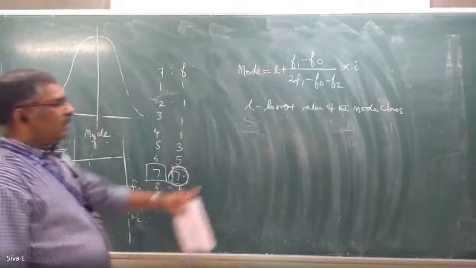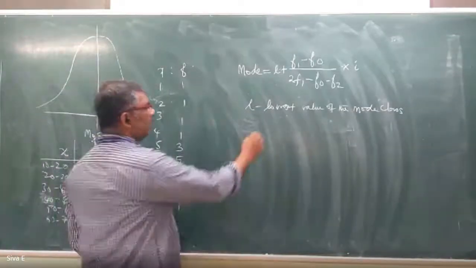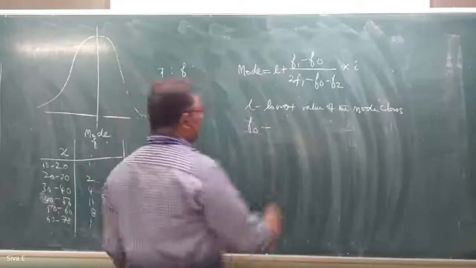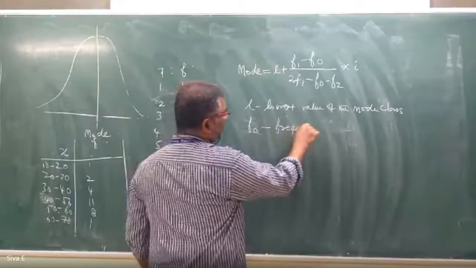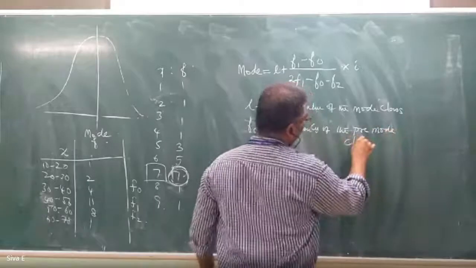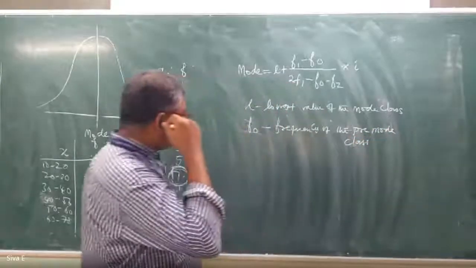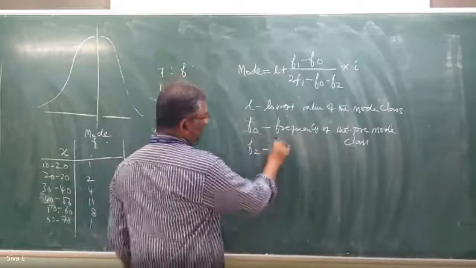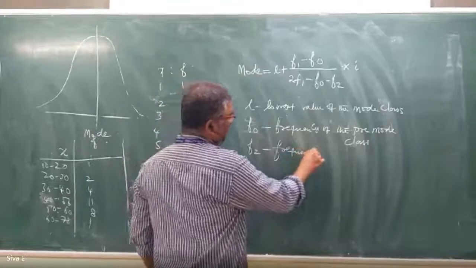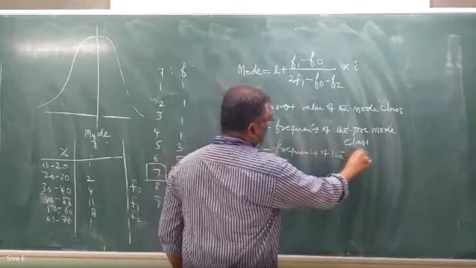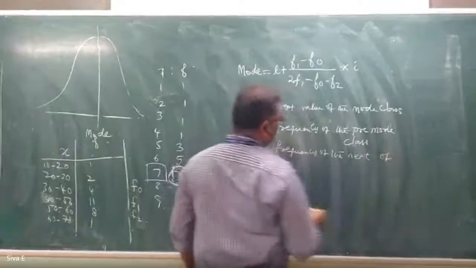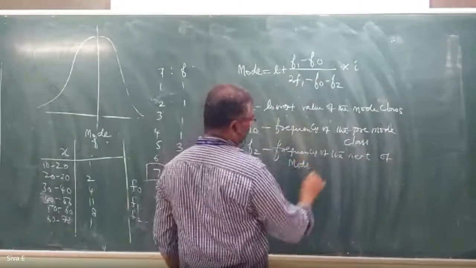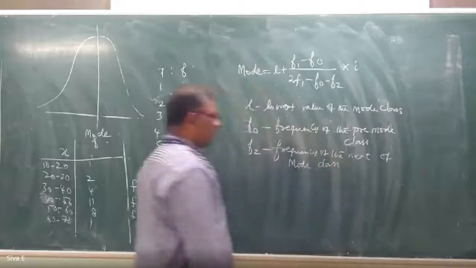So L is the lowest value of the mode class. F0 is the frequency of the pre-mode class, the previous class. F2 is the frequency of the class next to the mode class.